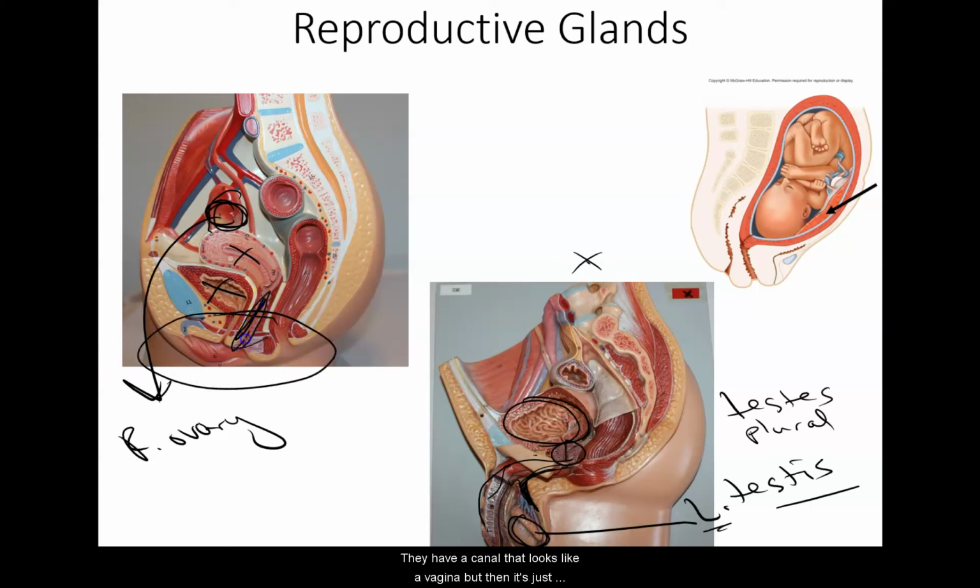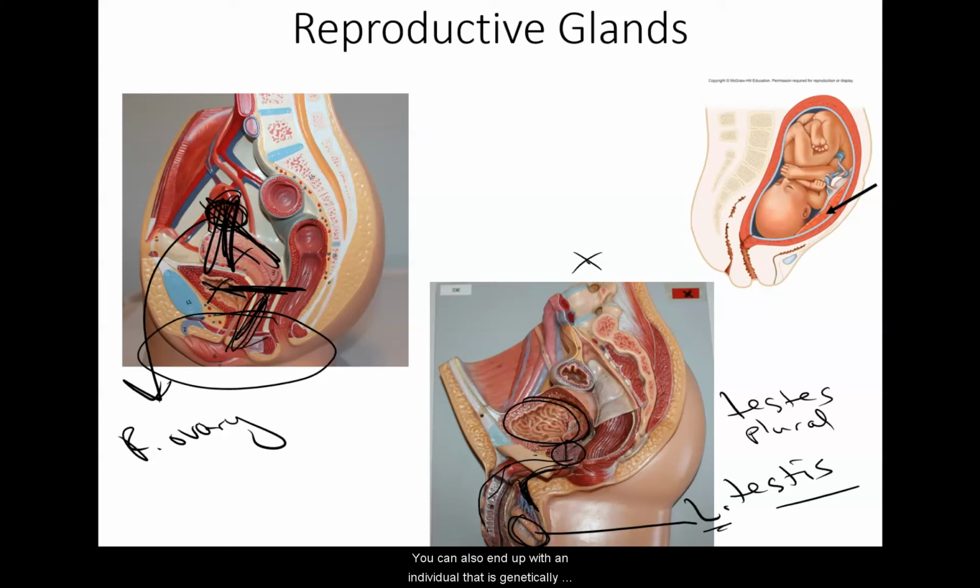They have a canal that looks like a vagina, but then it's just a dead end, and they don't have these structures here, and they actually have undescended testes. So would that individual be considered male because they have testes, or because they have a Y chromosome, or would they be considered female because externally they look female? I can tell you that on the birth certificate, the doctor is probably going to write female because we don't tend to do genetic tests on newborns.